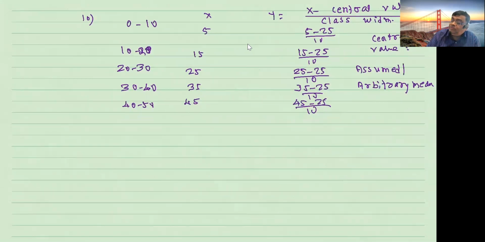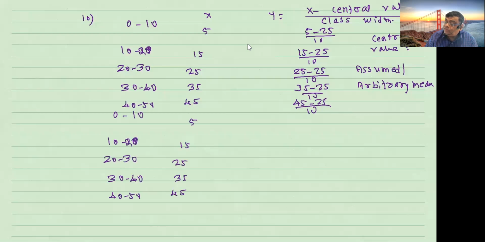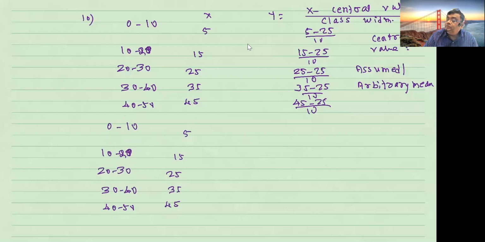लेकिन अगर समझो मैंने 4 ही क्लासेस को लिखा, if I write only 4 classes, that means this is even number. Then what will I do?